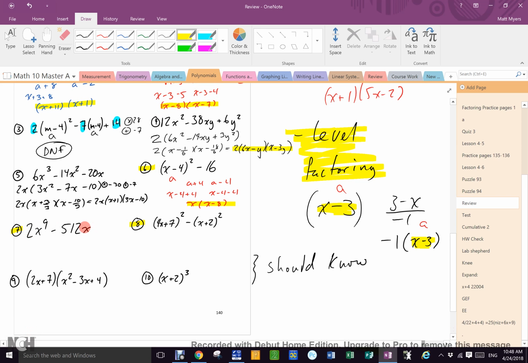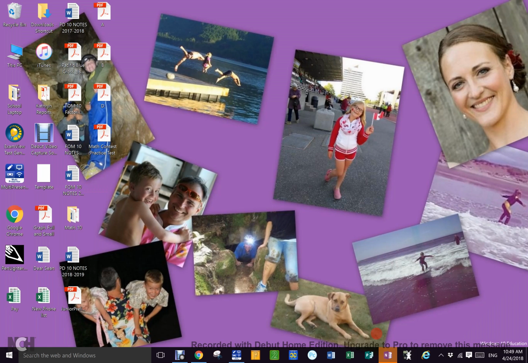This one is factorable. You took out 2x, and you were left with x to the 8th minus 256. Then you broke down the x to the 8th minus 256.